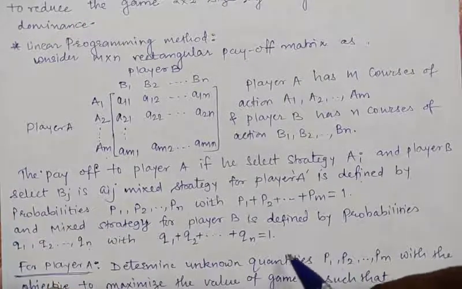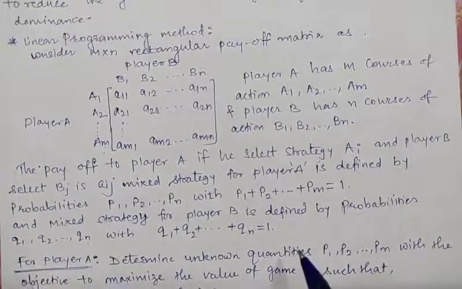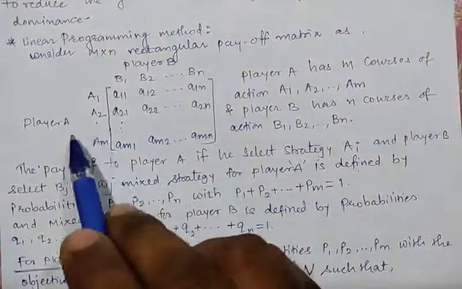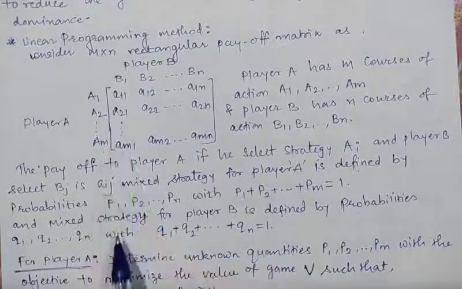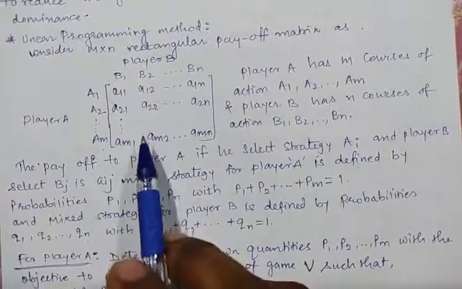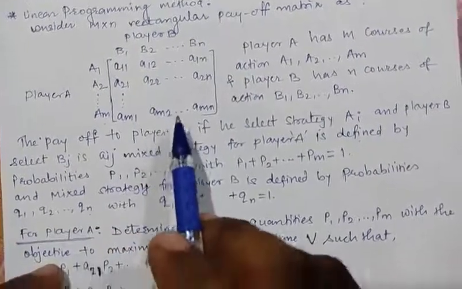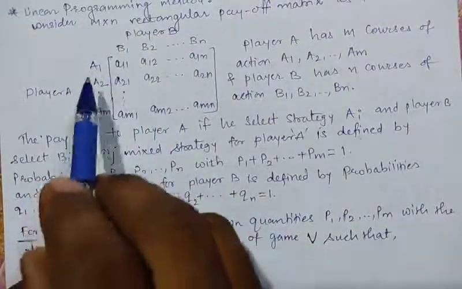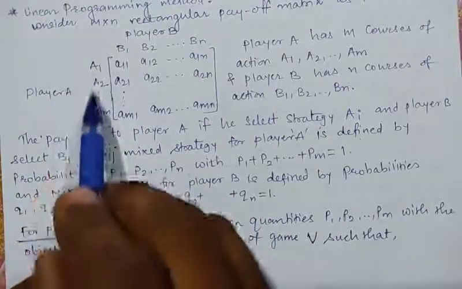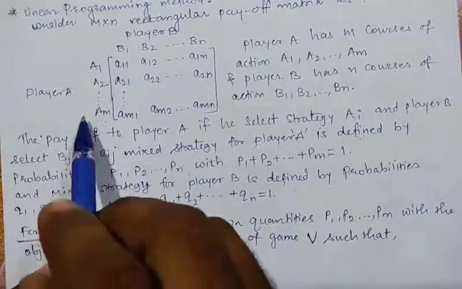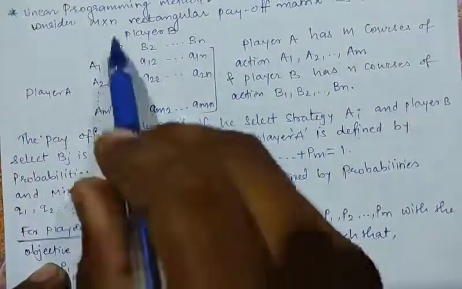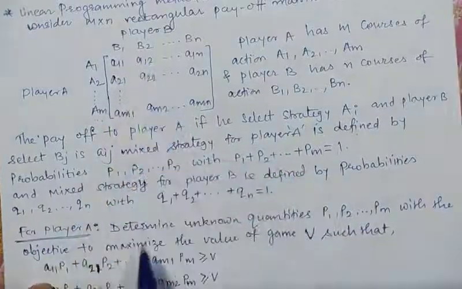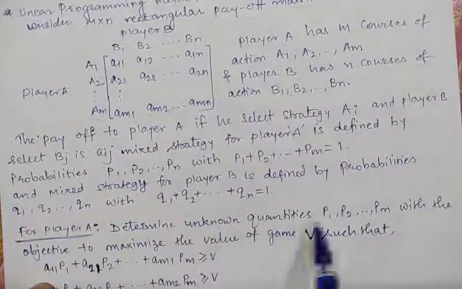Now we will form the constraints by using the player A strategy. So for player A, we will find its constraint equations. Player A has A1, A2, up to Am strategies. Now let's determine the unknown quantities.